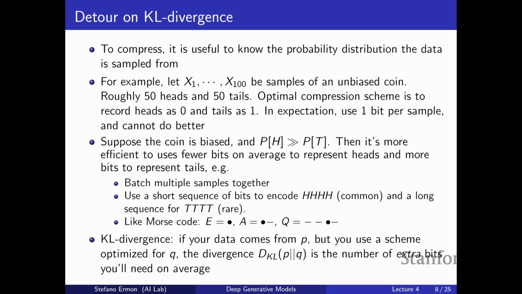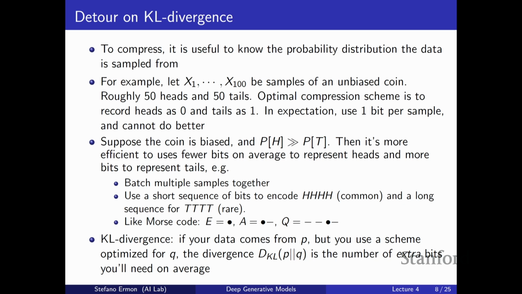Then if you come up with a scheme based on this wrong assumption, it's not going to be as efficient as the one based on the true frequencies of the characters. How much more inefficient your code is is exactly the KL divergence. So if you try to optimize KL divergence, you're equivalently trying to optimize for compression. You're trying to build a model such that you can compress data as well as possible.